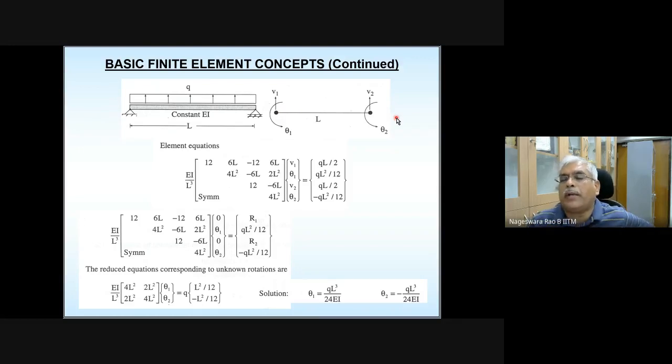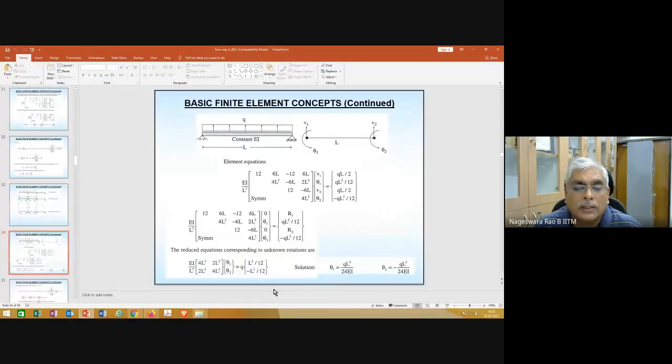What is the bending moment at any point along the length of the beam, fixed end solution, shear force, displacement, like that. Okay, so you need to go back to your mechanics of materials or structural analysis. So for this problem, let's see what is the fixed end solution for this problem.